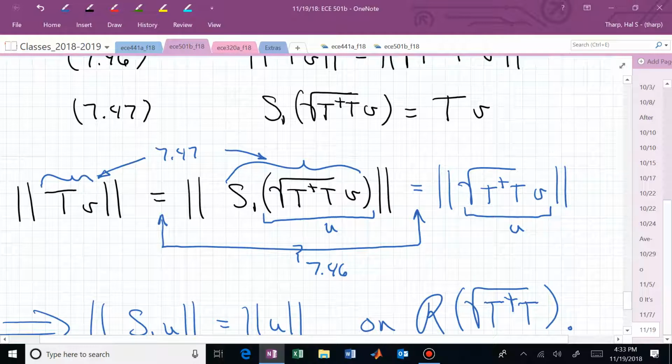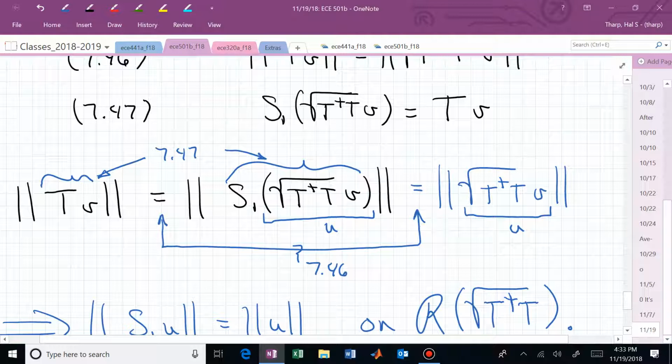If that's true, then we really can't lose dimension between T and the positive square root of T dagger T. If we could, then we could find a v that somehow was not giving us the same norm when it went through the positive square root of T dagger T as when it goes through T.